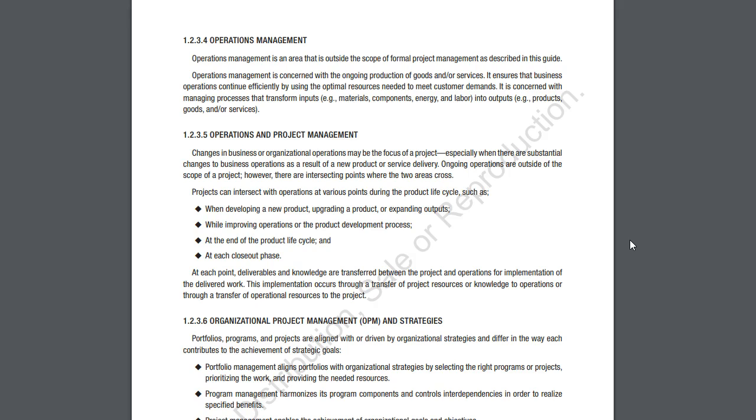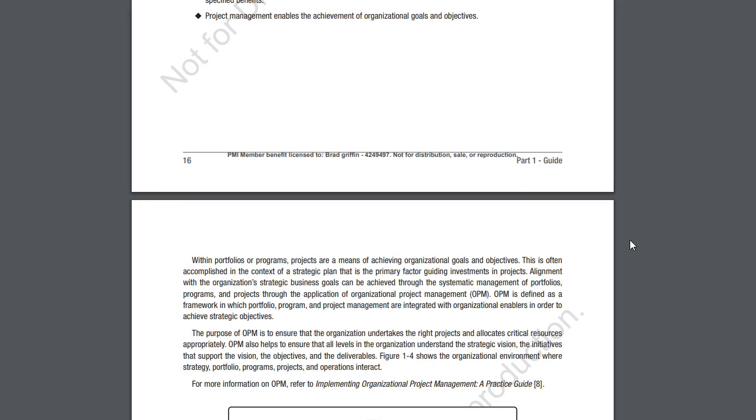So if we're the group that is handing off the air conditioning system or the new theater, that hands off to operations, but there's an exchange of information at the end of that. Because otherwise, those people having to run that building in the theater wouldn't have an idea about what's going on. They would be like, well, I don't know what this button over here does. So we have to have that exchange of information. And so sometimes one of the deliverables is an operating manual or something else.